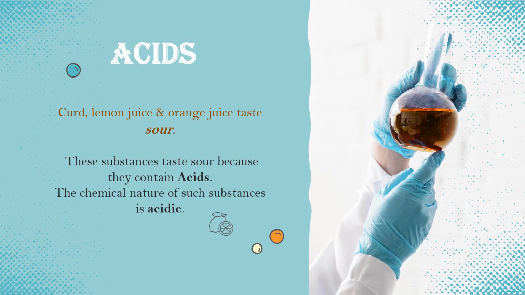Well, acids are harmful to us, but those are strong acids. When we have to handle strong acids, even in the lab, we wear safety goggles as well as gloves. But in the food items we eat, we have weak acids like curd, lemon juice, and weak acids are not that harmful to us, because of which we are able to use them. Later on, I'll tell you how we can differentiate between strong acids and weak acids.